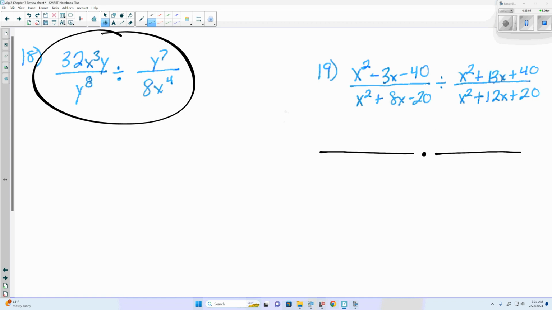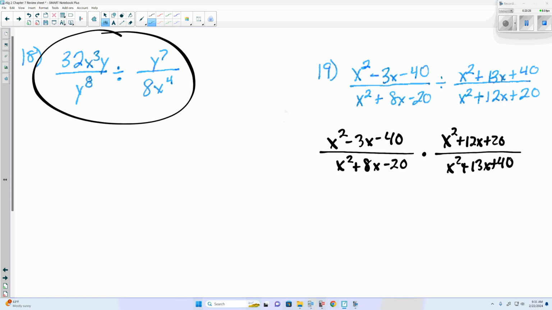Just do our first step, which is keep, change, flip. Because if it was already factored, we just flip it and start simplifying. And if everything were to simplify out, it would just reduce to 1.